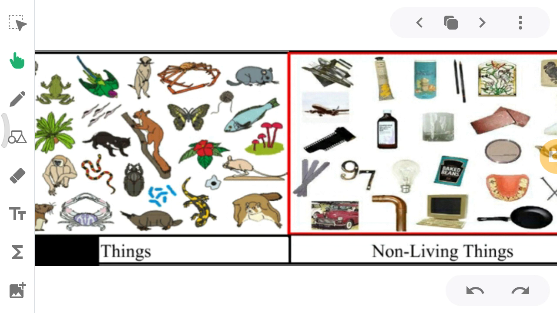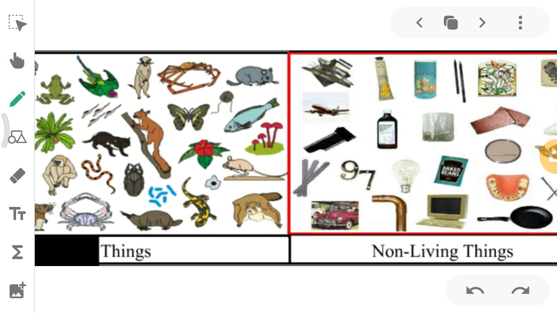Okay, we have reached here. What are these? Can you guess what are these? What are the main things? You can see the basic things. These are living things and these are non-living things.